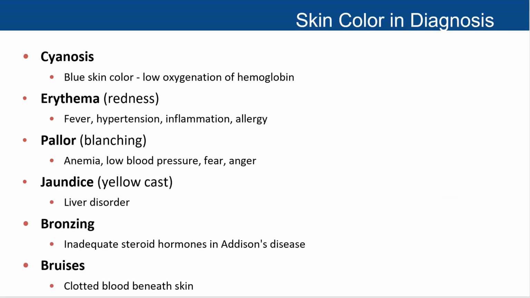There is some medical terminology for skin color in diagnosis. Cyanosis is a bluish discoloration of the skin resulting from low oxygenation of blood. Erythema is a medical word meaning redness as a result of fever, hypertension, inflammation, and allergy.